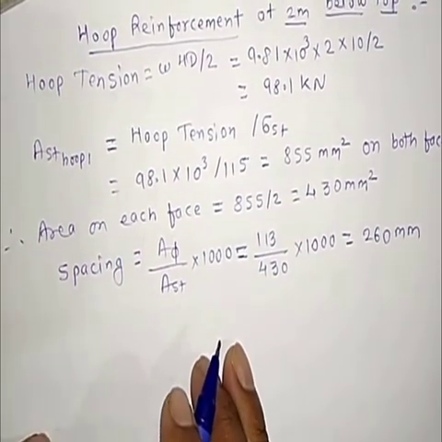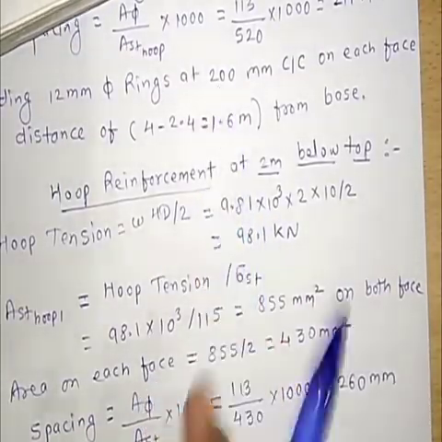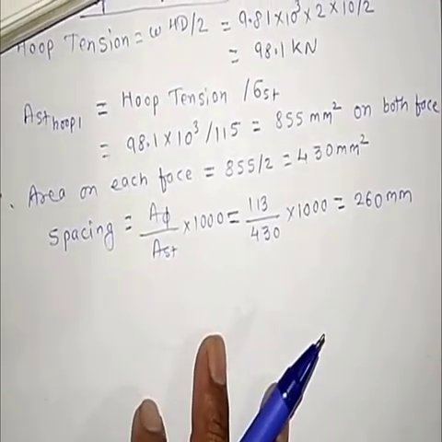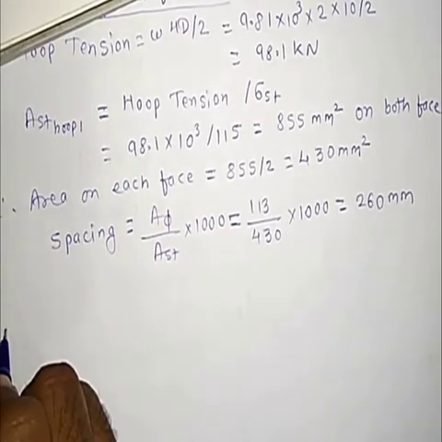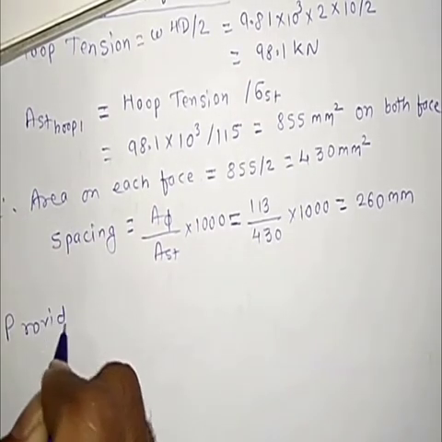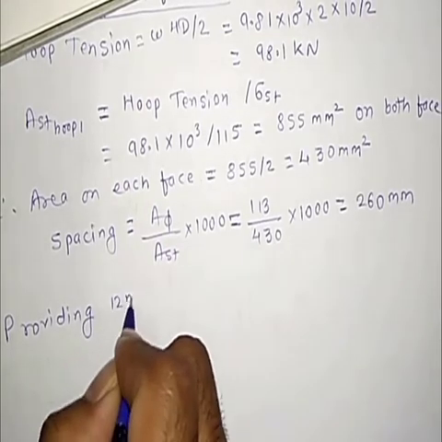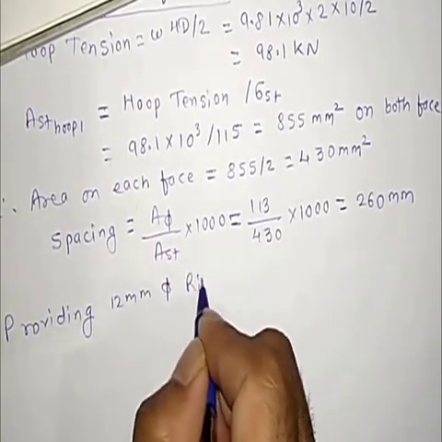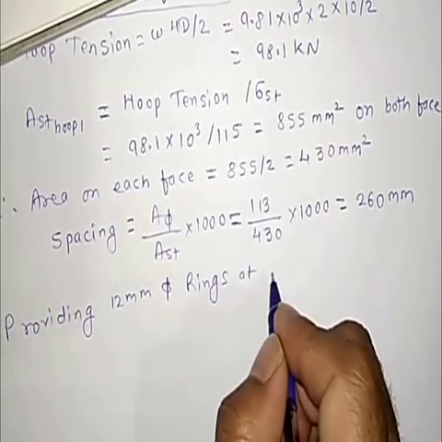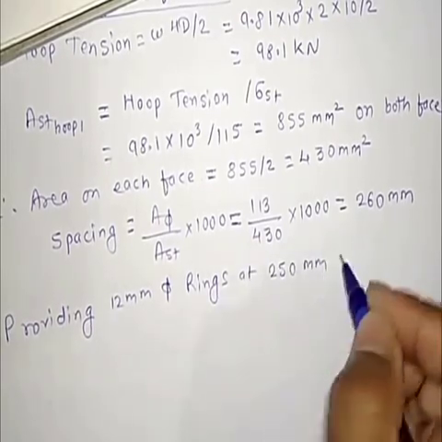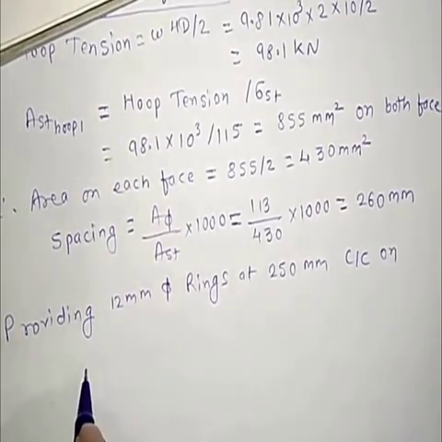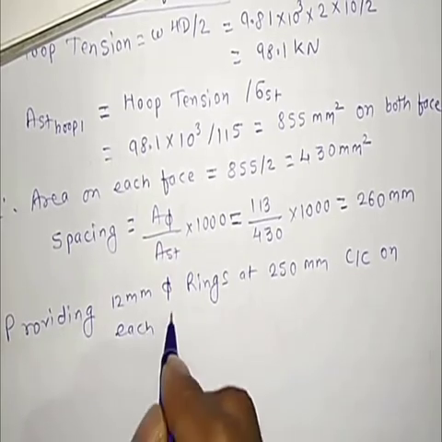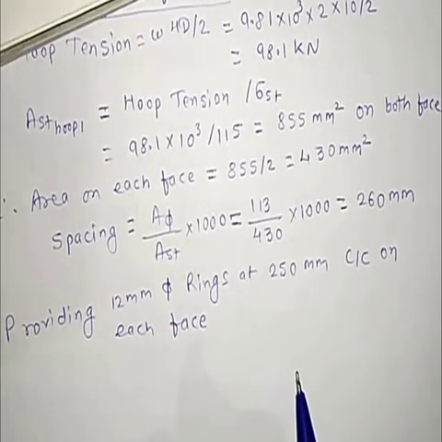Earlier we got 200 mm, now we got 260 mm, so we can even make it 250. So providing 12 mm rings at 250 mm center to center on each face.